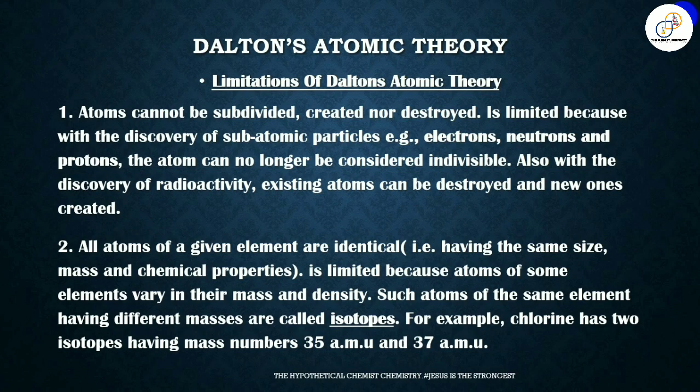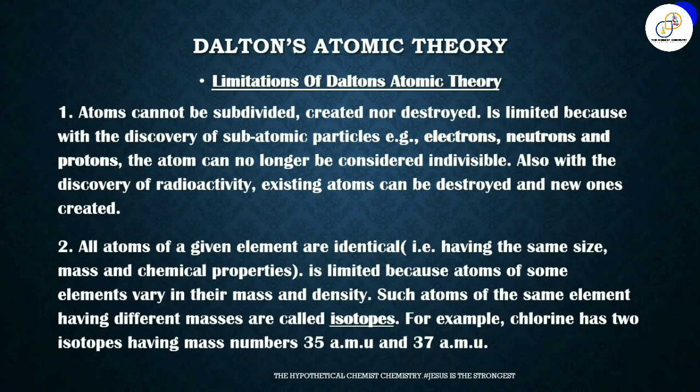So we realize that atoms of the same element can have different masses as a result of different neutron numbers, and that also disproved the idea that atoms of the same element have the same masses. For instance, we have chlorine isotopes. We have chlorine 35 and chlorine 37.